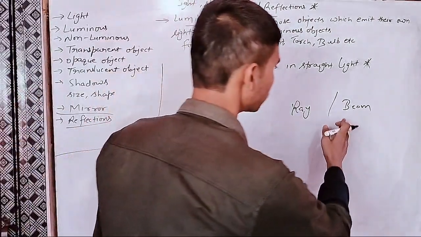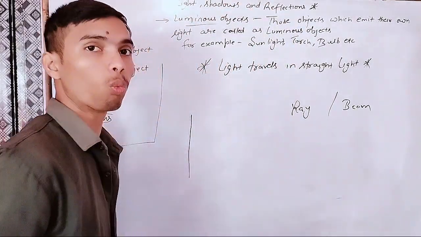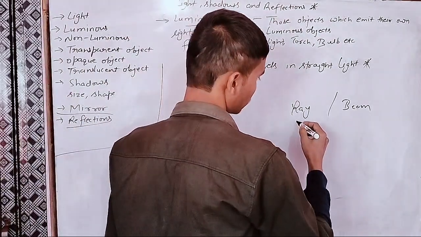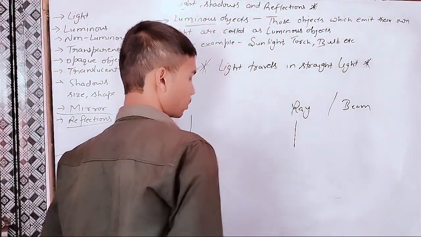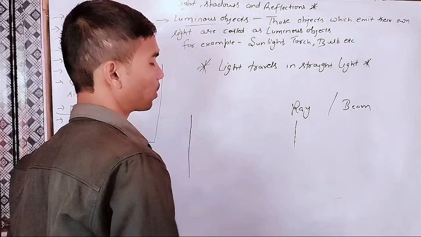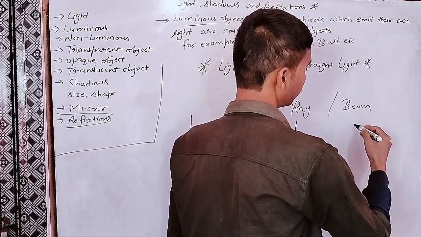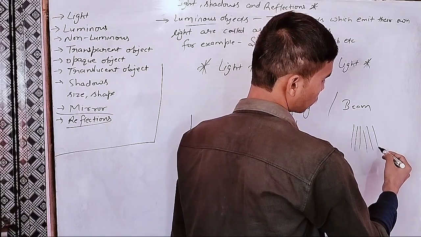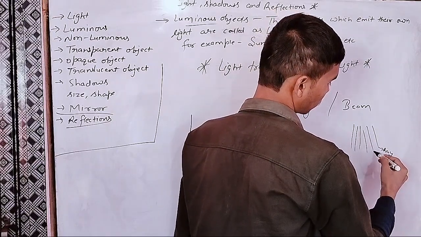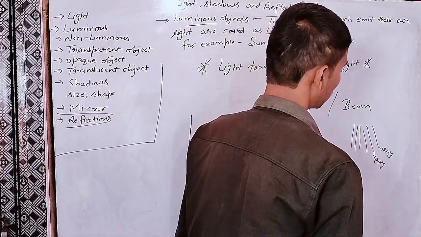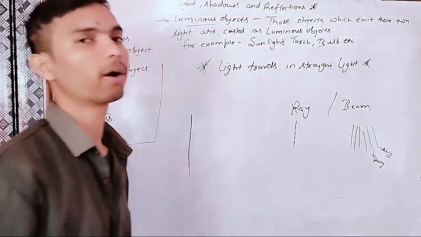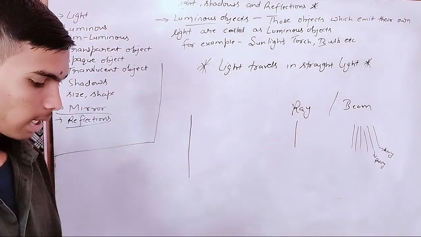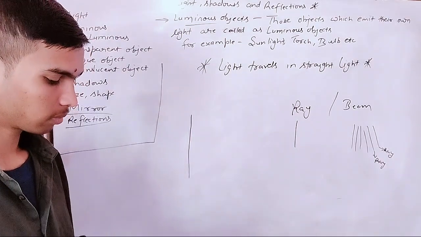Whereas we can say beam. A beam would have a lot of rays. So this ray would be one ray of light, whereas a beam would have a lot of rays. A beam has a lot of rays, but a ray is a single ray.